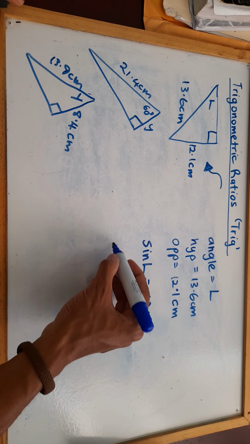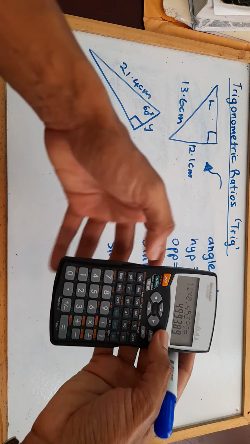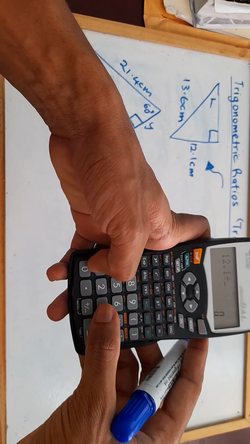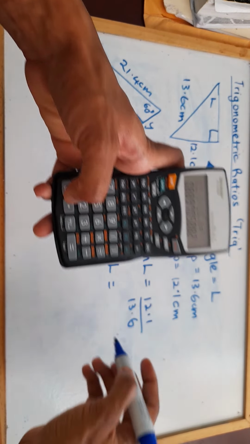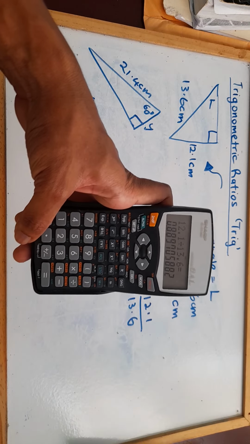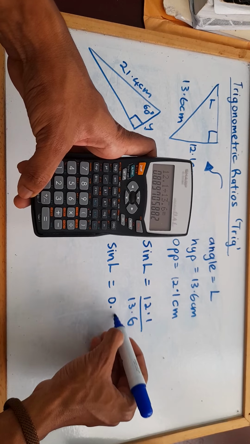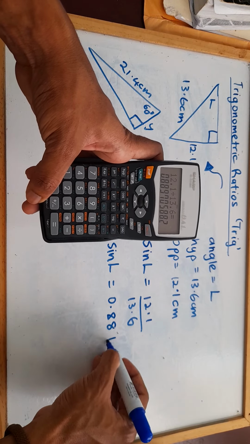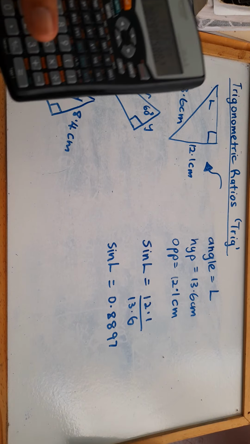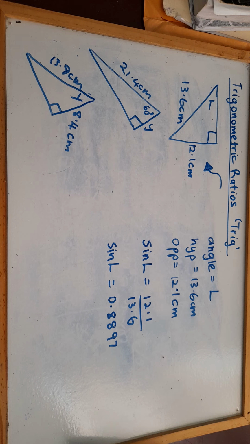Now we divide these two. 12.1 divided by 13.6. Again, we use at least 4 digits. You can use as much as you want, but use at least 4. 0.8897. The more you use, the more accurate it is, but 4 tends to give you an accurate enough answer for CSEC level.